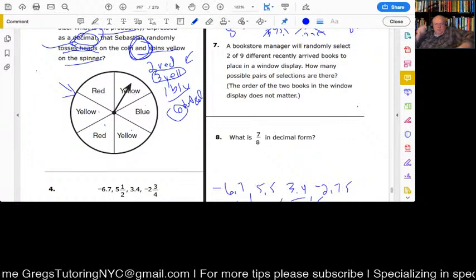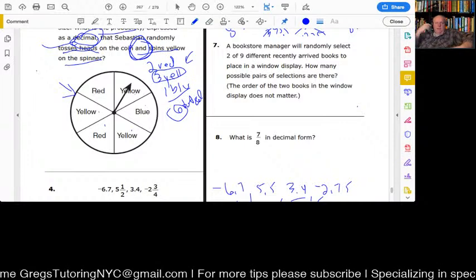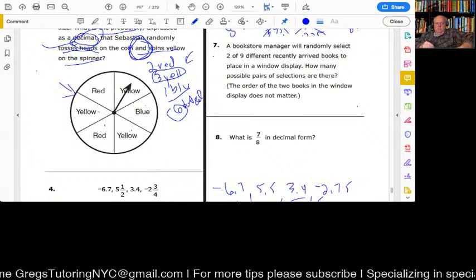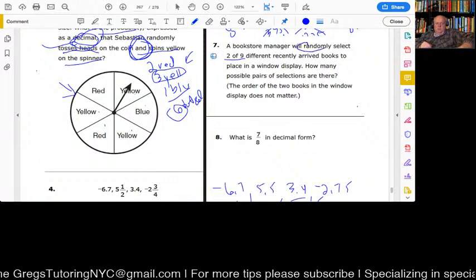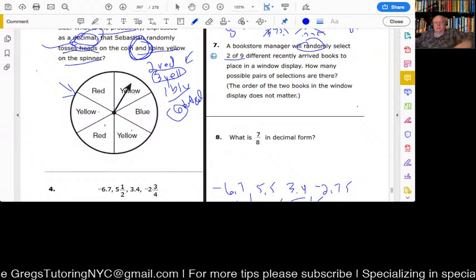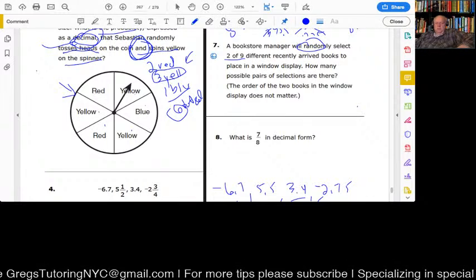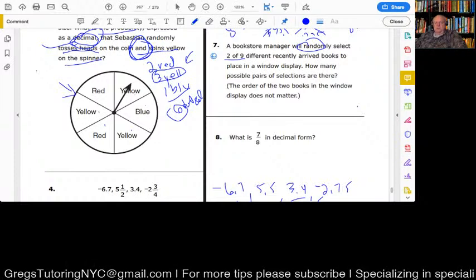Okay, 7. A bookstore manager will randomly select two of 9 differently recently arrived books to place on a window display. How many possible pairs of selections are there?